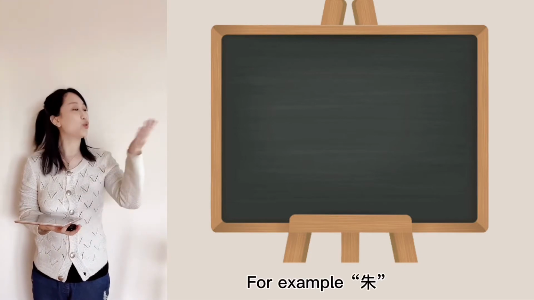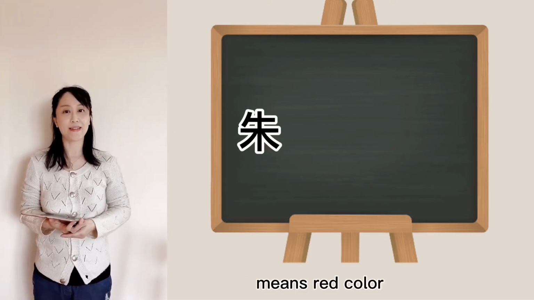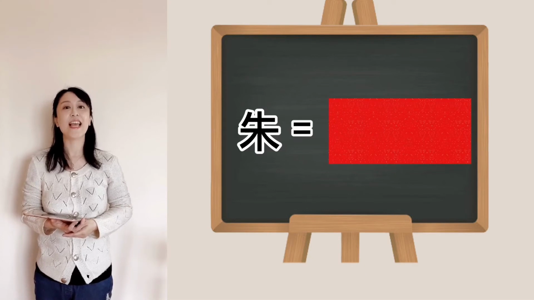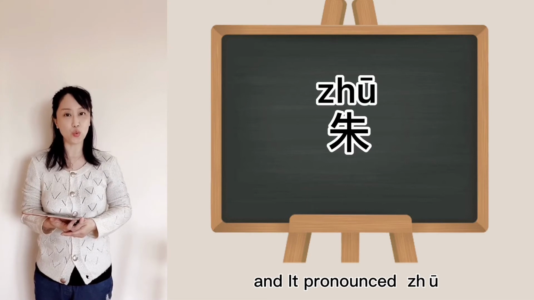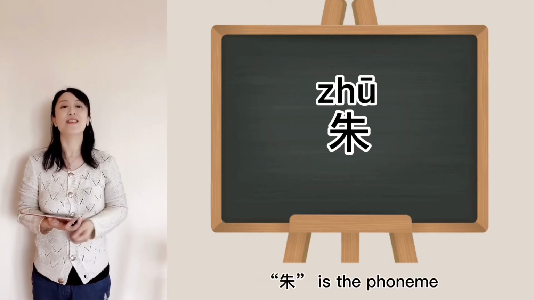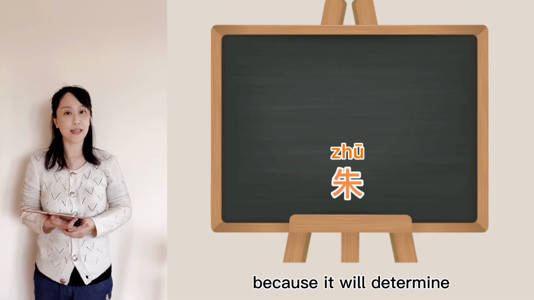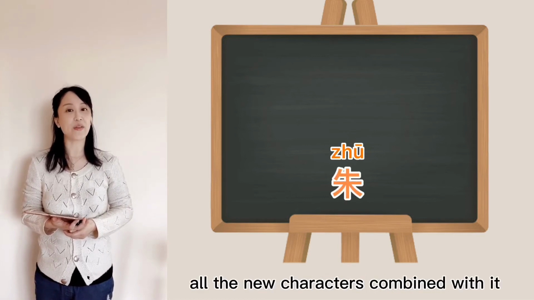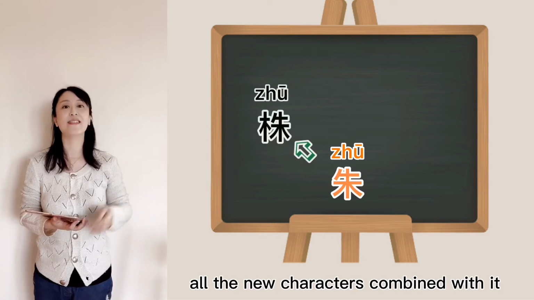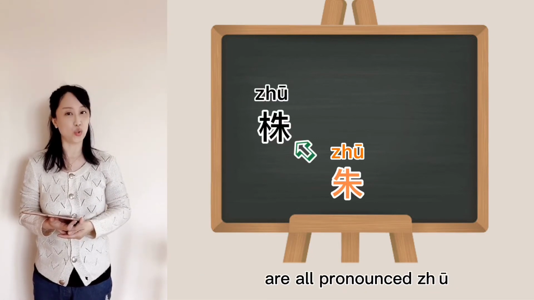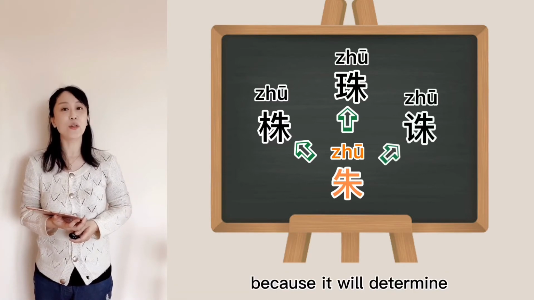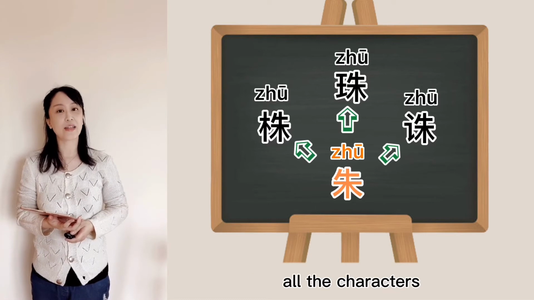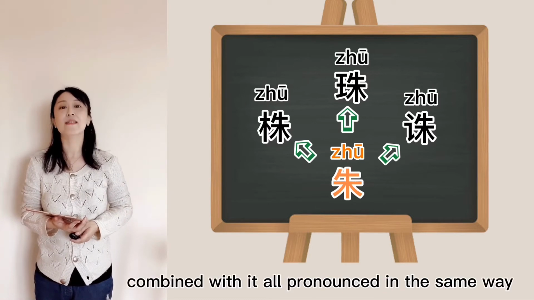For example, 猪, it means red color and is pronounced 猪. 猪 is the phoneme because it will determine all the new characters combined with it are all pronounced 猪. Yes, it's very important. The phoneme will determine all the characters combined with it, all pronounced in the same way.